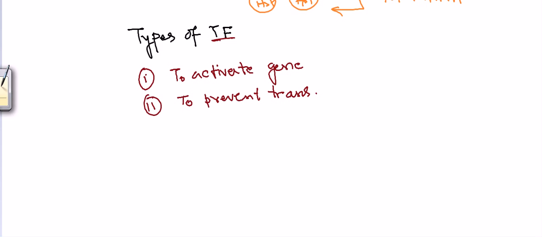Usually those which work to activate some genes are called activators, as we have seen in this previous example, where activators activate the expression of the HSP gene. There are certain types of transcription factors which can downregulate the expression of genes.